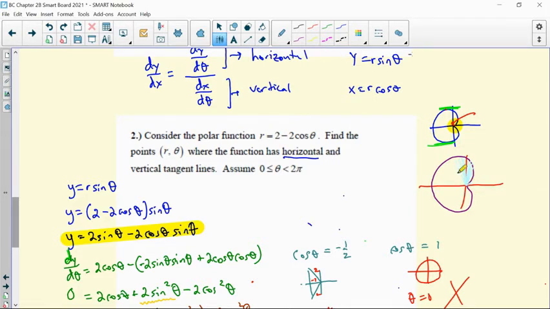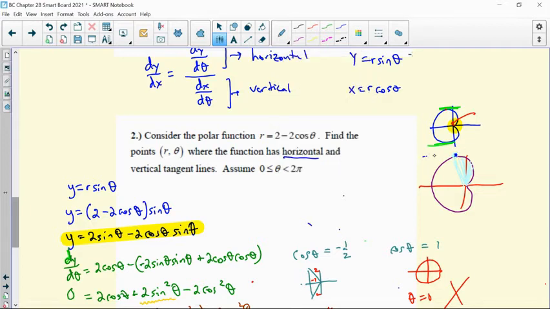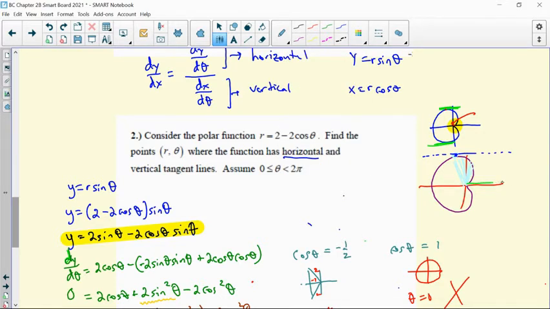As soon as I get to 120, let's say it's right there, at that instant it does look like it's the peak of my cardioid. So the horizontal tangent line looks like a slope of 0. And look at your angle: it's going from the standard position out to here, about 120 degrees. So that worked out great. There's our horizontal tangent line.